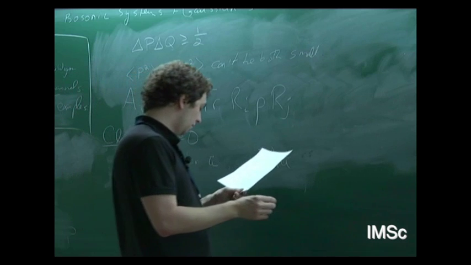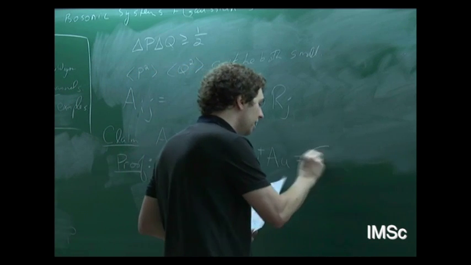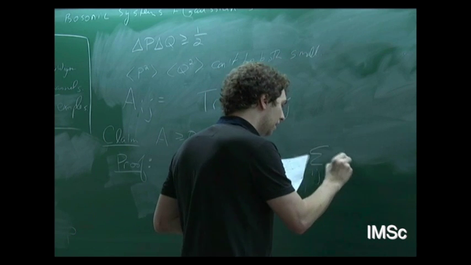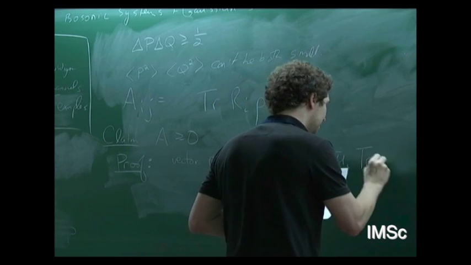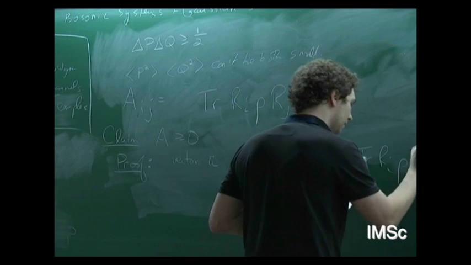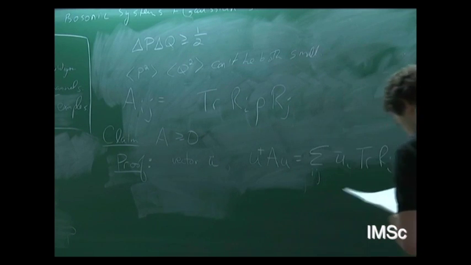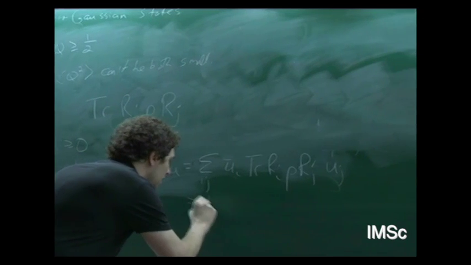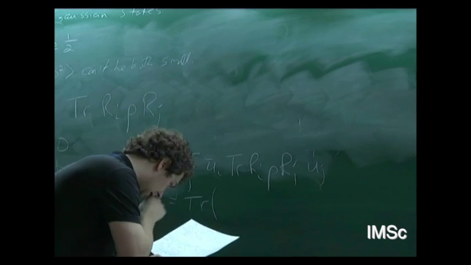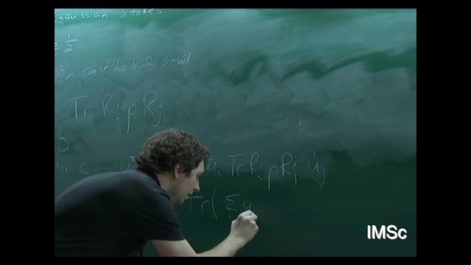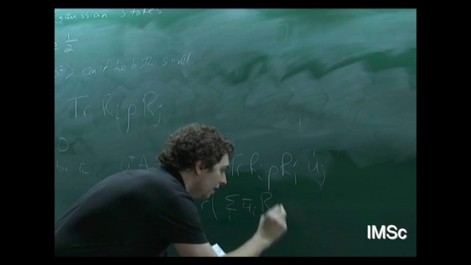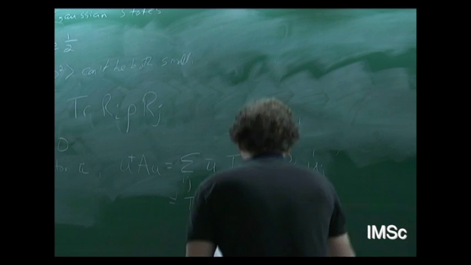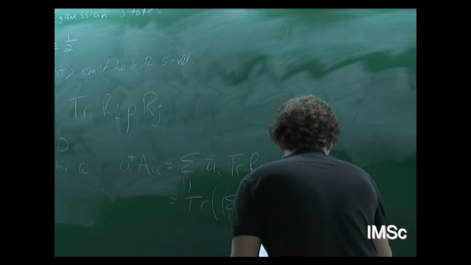So this is just equal to the sum over ij of ui bar trace ri rho rj uj. And this is equal to, I'm just going to take the sum inside the trace, trace of sum over i ui bar ri, rho, sum over j uj rj.